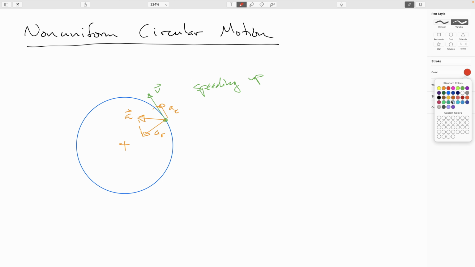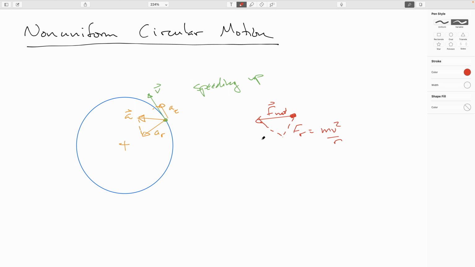Well, in order for this to happen, there had to have been forces involved. So in this case, the net force would have to point in the direction of the acceleration. And again, we would have to break that into a radial piece, which would be equal to mv squared over r, and a tangential piece, which would be equal to m a tangential, or mr alpha.